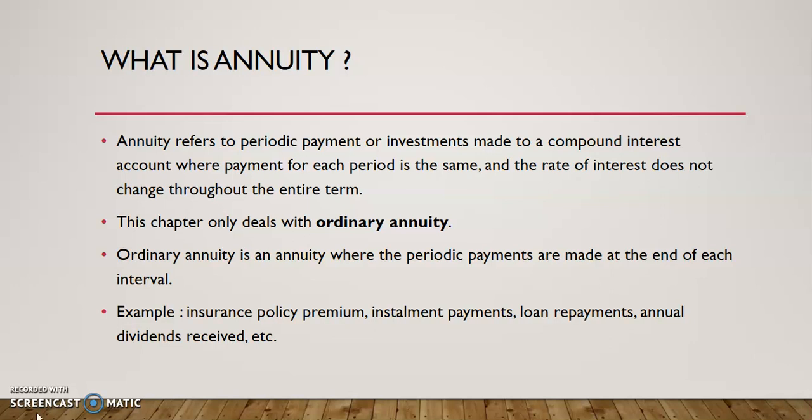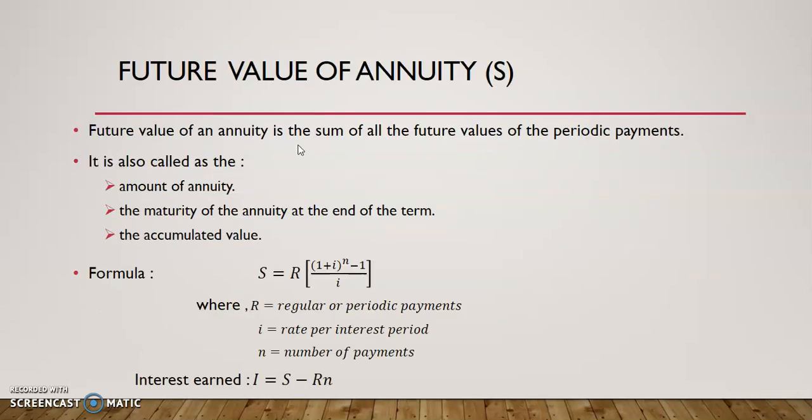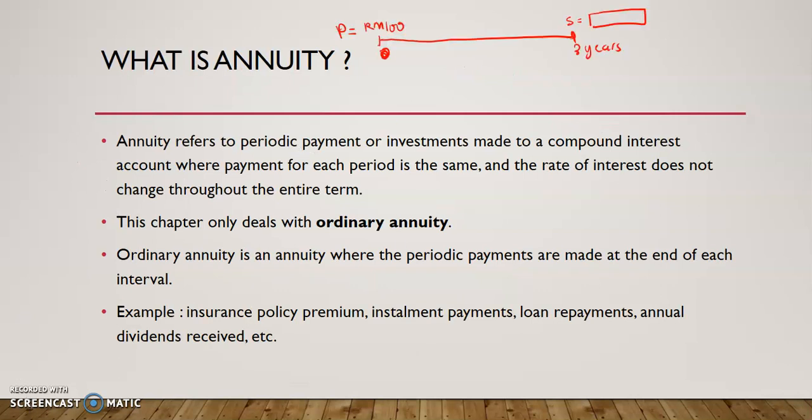Okay, before this you learned about compound interest. So in compound interest, let's say you have 100 ringgit and you invested the 100 ringgit over 3 years. Okay, this is your 100 ringgit.